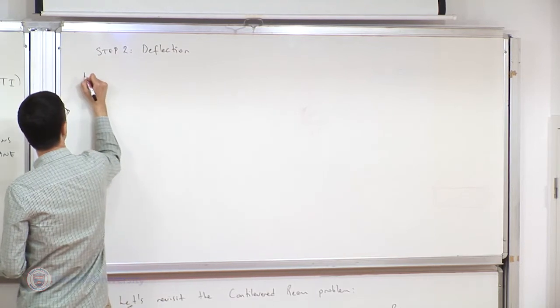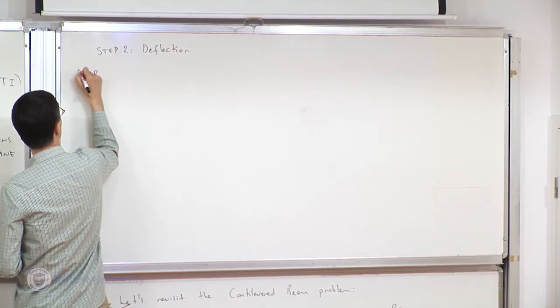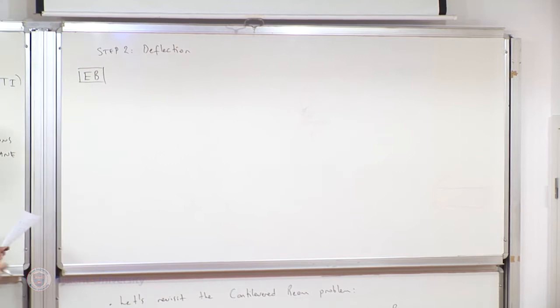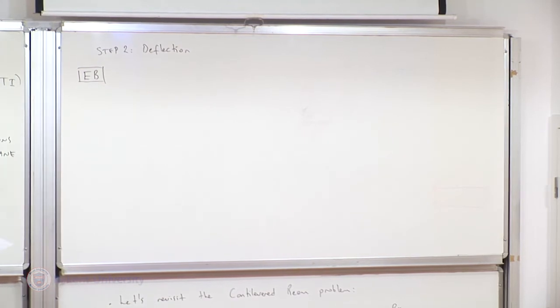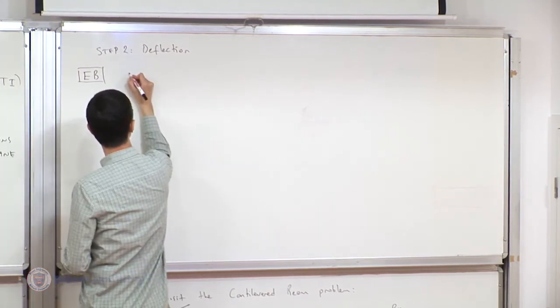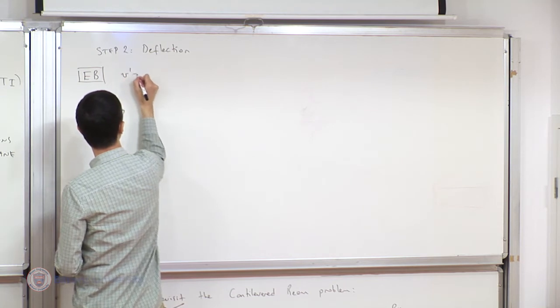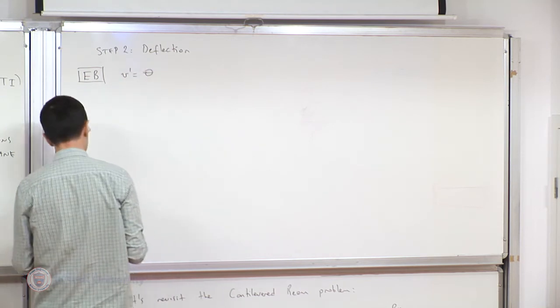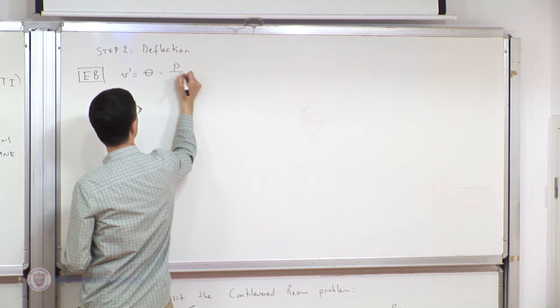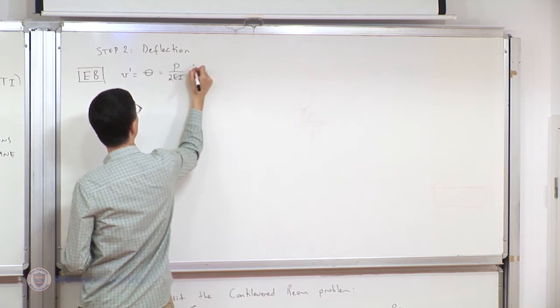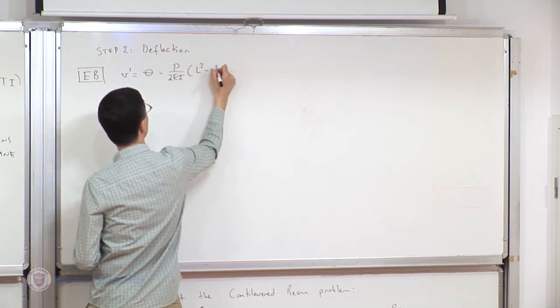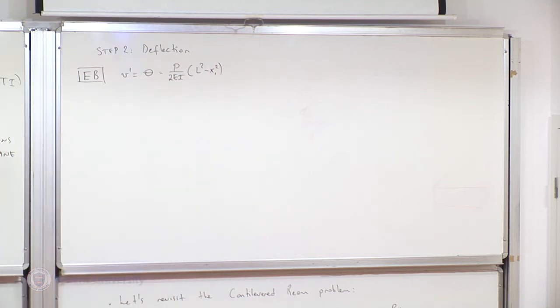And I'm going to start with Euler-Bernoulli theory. And Euler-Bernoulli theory states that, or proposes that, V prime is equal directly to theta. And we just found out what theta is. It's P over 2 EI times L squared minus x1 squared.